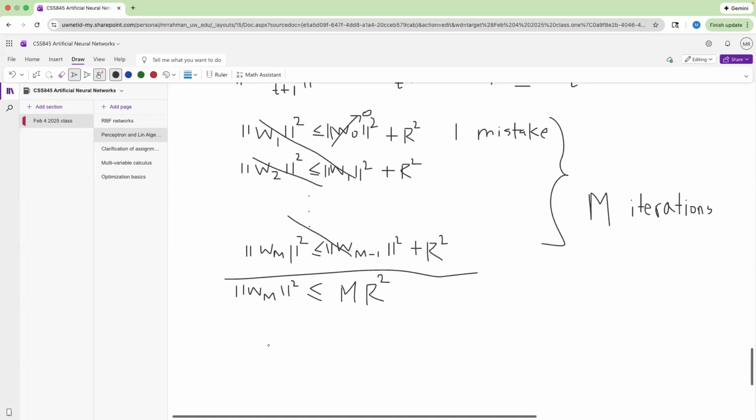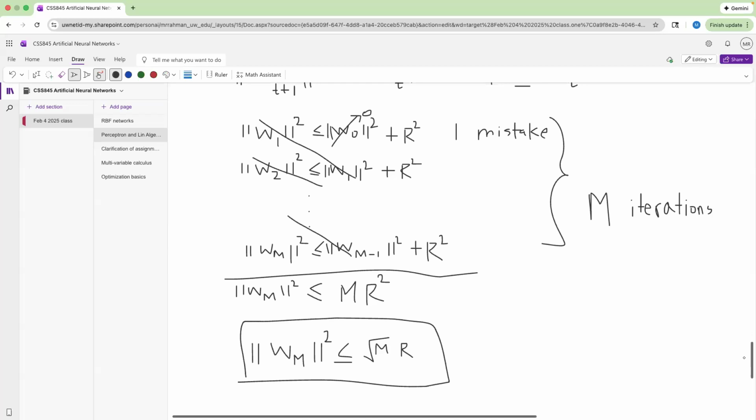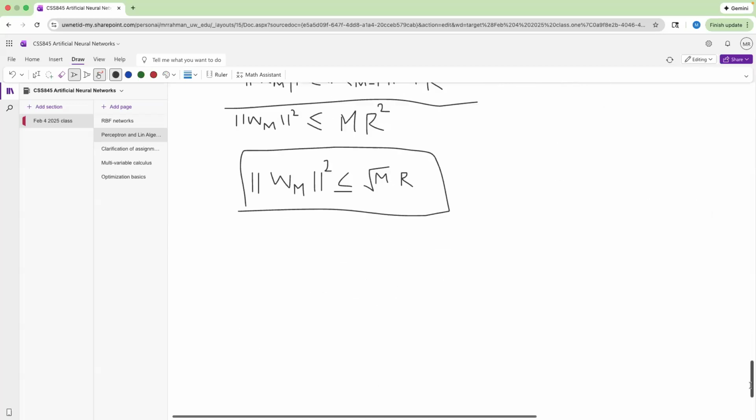So in this equation, if we take a square root, then what will we get? We can bound the norm of the vector that we get to be square root of m times R. Okay, so this is the second ingredient. And now we are almost done with the proof.